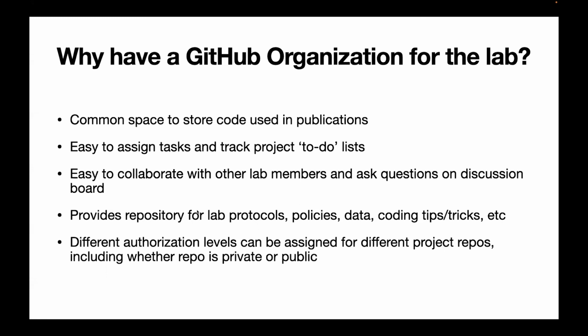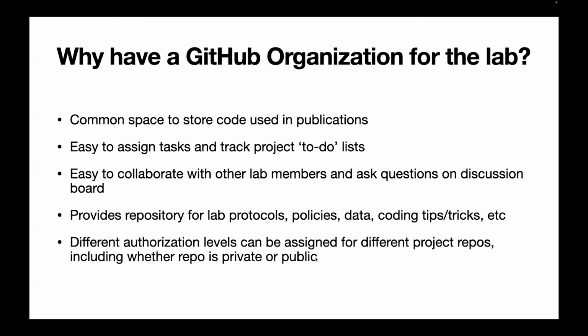A common place, like a repository, to store lab protocols, policies, data, etc. A bunch of different things all in one spot instead of needing to check 8 or 10 different GitHub accounts. And for whoever is the admin, one or more people can set authorization levels for what people can do and what repos they can access.